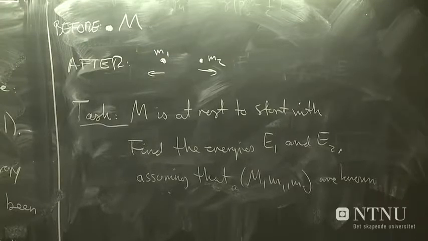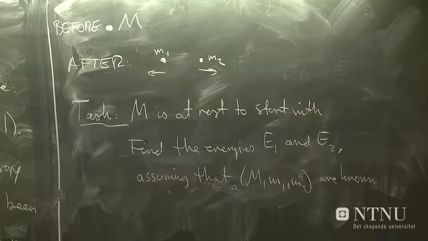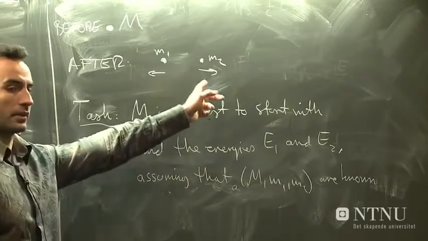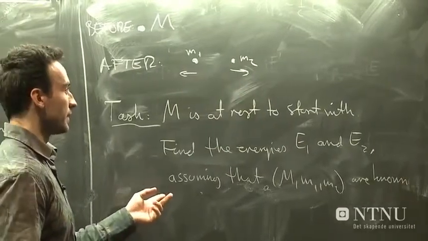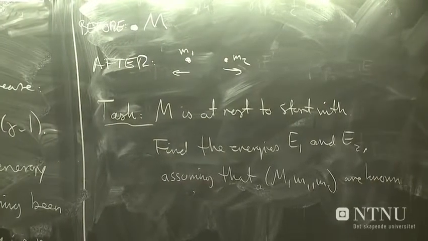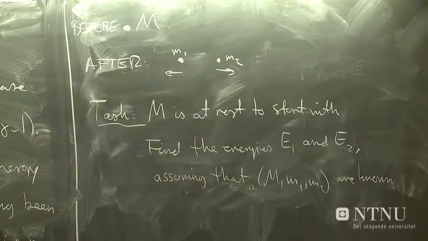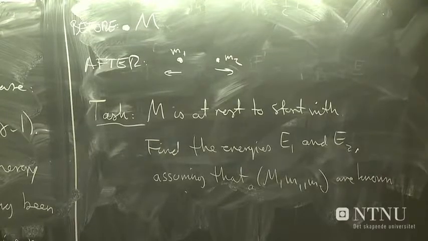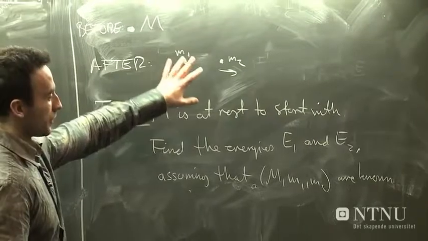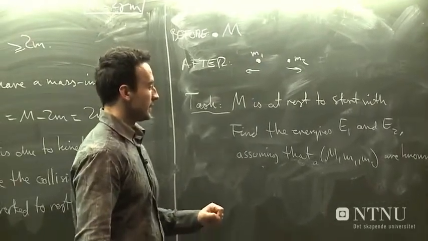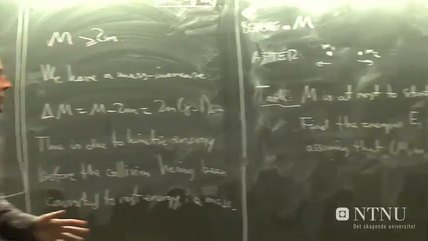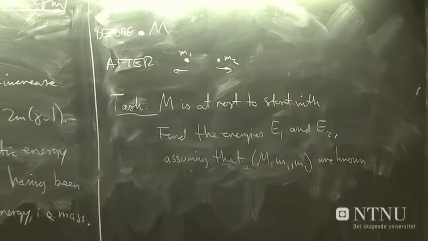Assuming that the large mass is at rest to begin with, find the energies of these two particles, assuming that the masses in the problem are known. We know the large M and we know the small m's. But apart from that, we know nothing about the details of the collision. We only know the masses. So find the energies E1 and E2. We'll take 10 minutes for that and then we'll have a discussion.